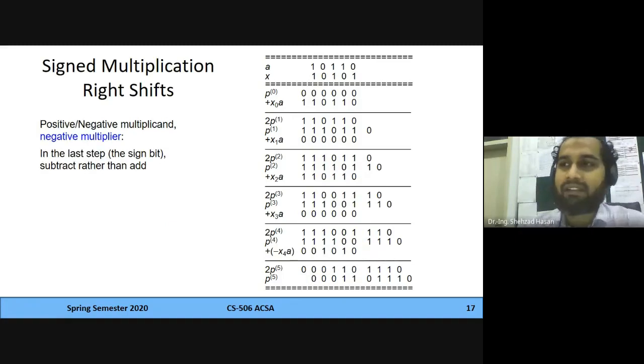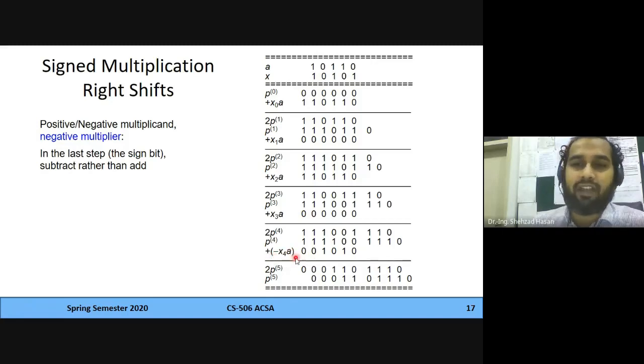But now let's come to the next case. If our multiplier is negative, this means that our multiplier will have a 1 at this position, and a 1 at this position is actually a negative weight. When you have a negative weight over here, the only change you need is the last step.